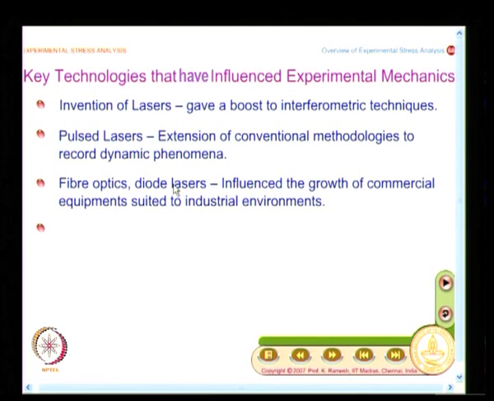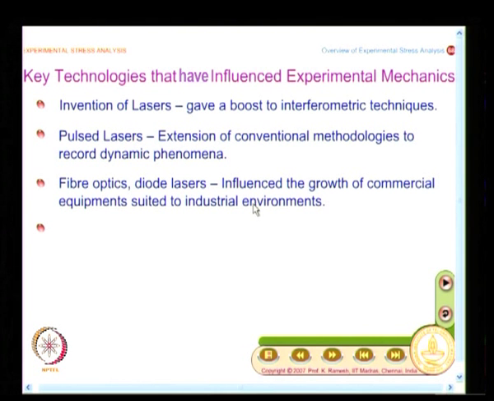So, whatever the technological development, it influences the way that you do the experiments. So, the availability of fiber optics and diode lasers has influenced the growth of commercial equipment suited to industrial environments. You want some kind of robustness, and this is possible with such developments.